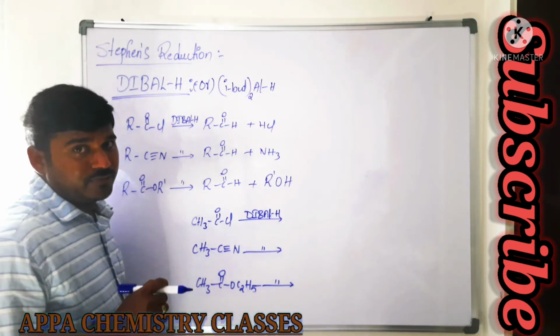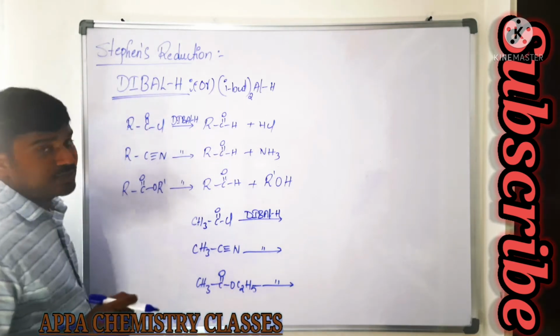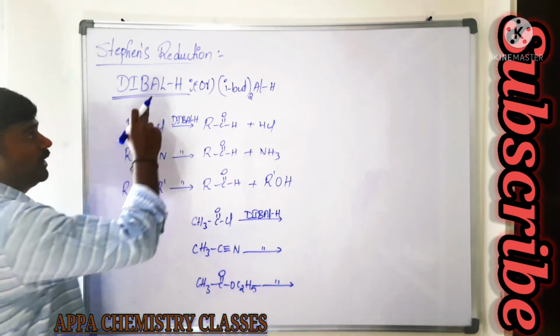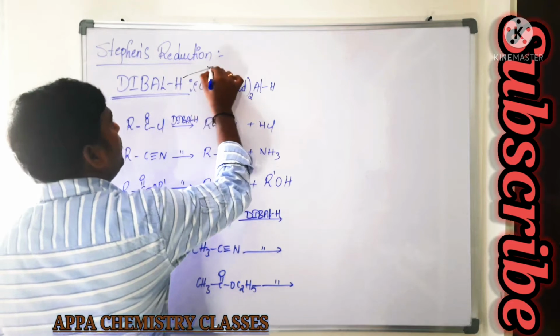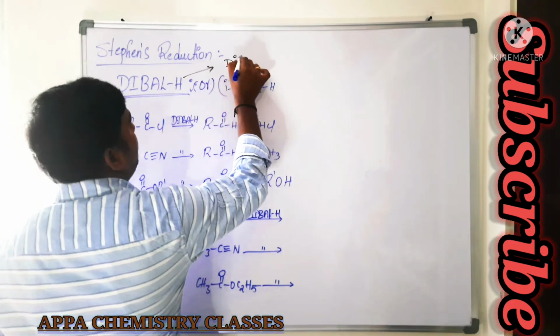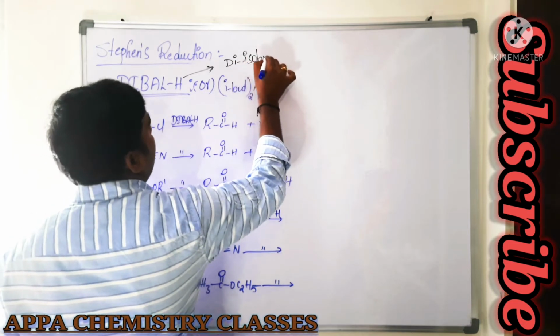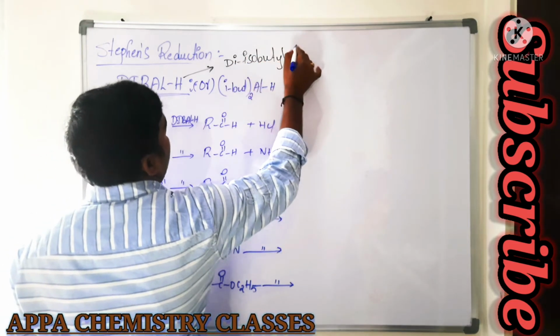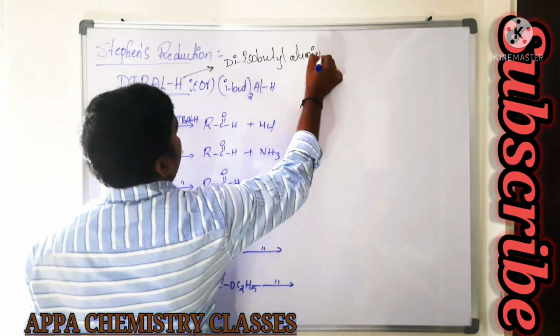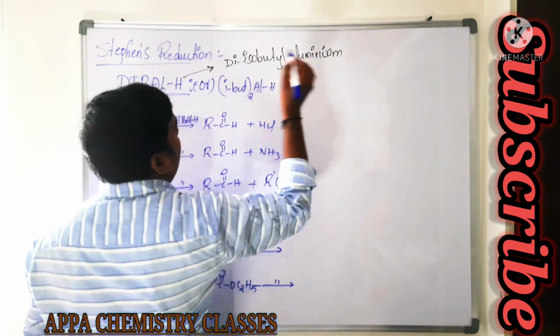Whereas if you take diisobutyl aluminium hydride, DIBAL is nothing but diisobutyl aluminium hydride.